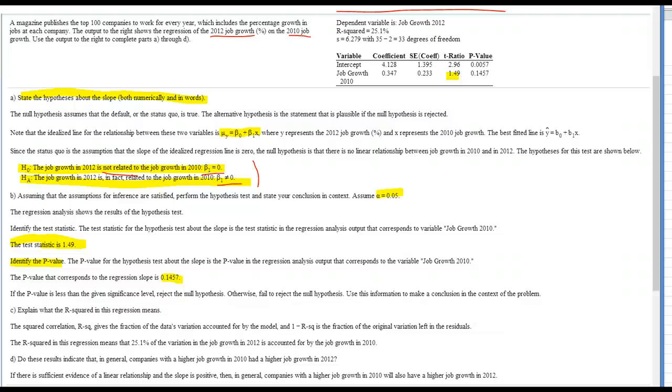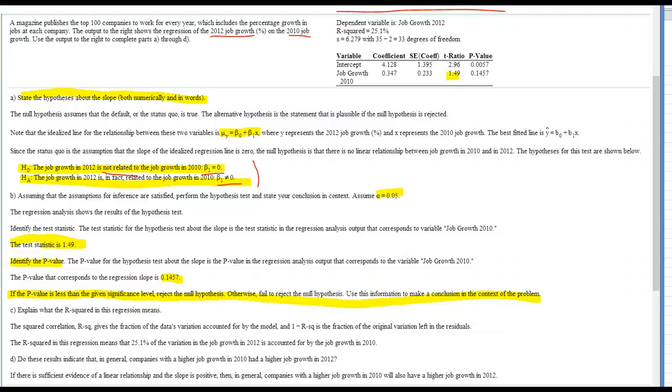Here is how you make the conclusions. If the p-value is less than the given significance level, then you reject the null hypothesis. In this case, is the p-value less than this level of significance? No, it is not. It's actually greater. So we will not reject the null hypothesis.